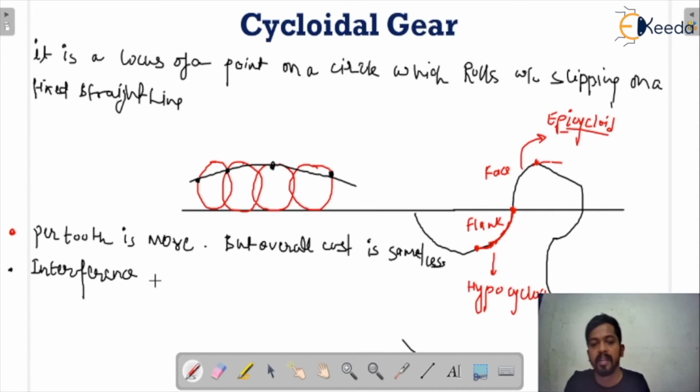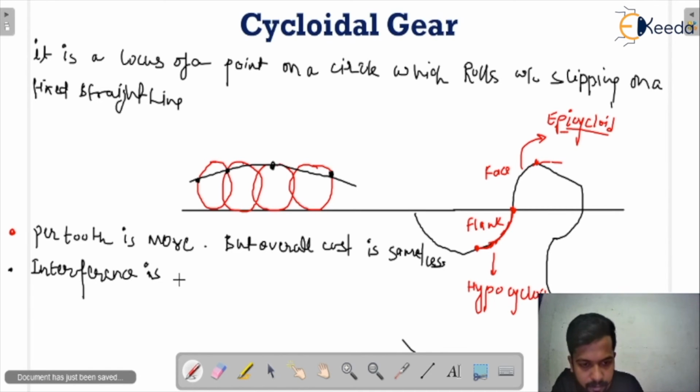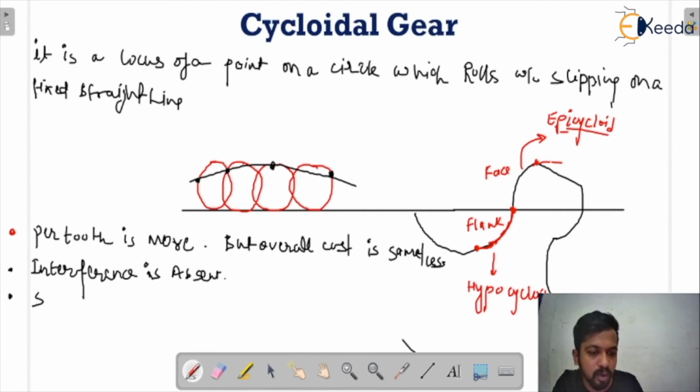We have used some methods to prevent interference in the involute profile of the gear, but in the case of cycloidal gear there is no interference. Interference is absent, and this is a stronger tooth as compared to involute.